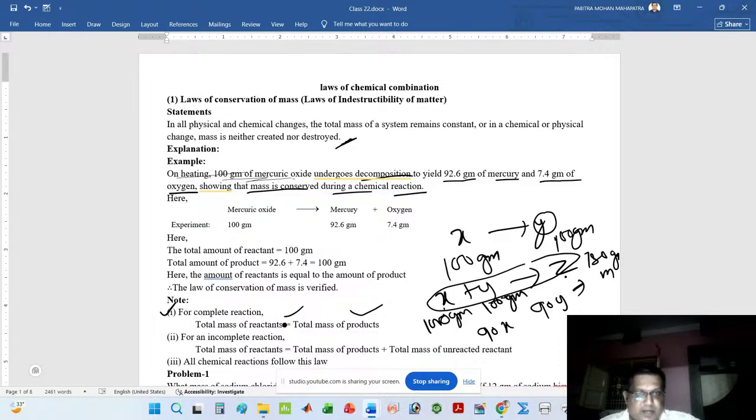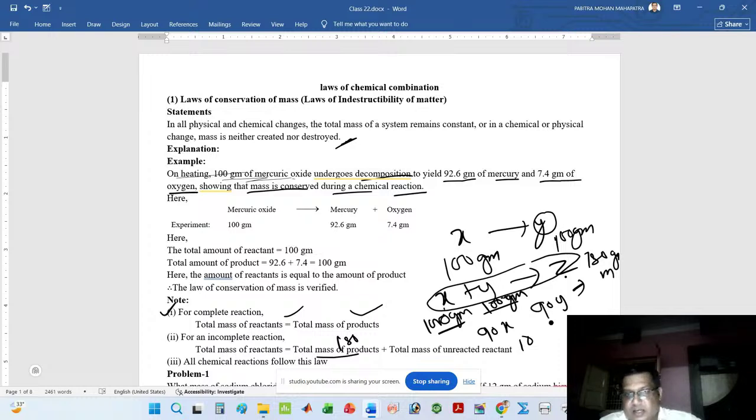The total mass of the reactants, that is 100 gram plus 100 gram, is equal to the total mass of the products, that is 180 gram, plus the total mass of the unreacted reactants, that is 10 gram of X that remained and did not undergo reaction.